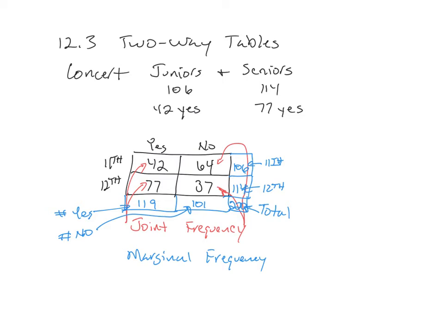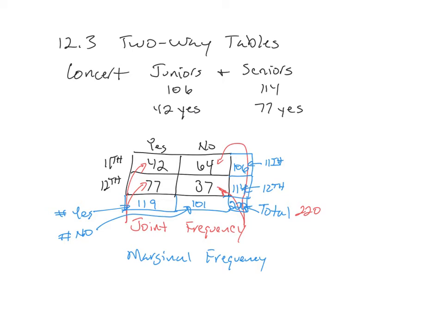Okay, then we're going to use this same information. There were 220 students polled. So it gives you this information all filled out, the two-way table with the marginal and joint frequencies. And then it wants 42 juniors, 77 seniors, 64, and so on.